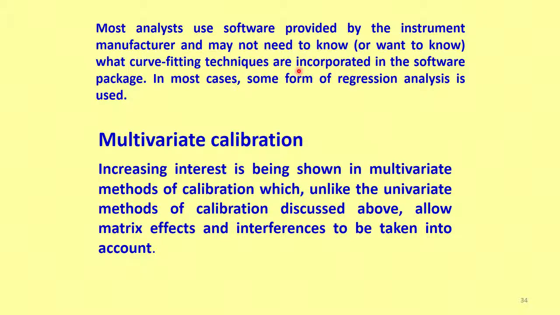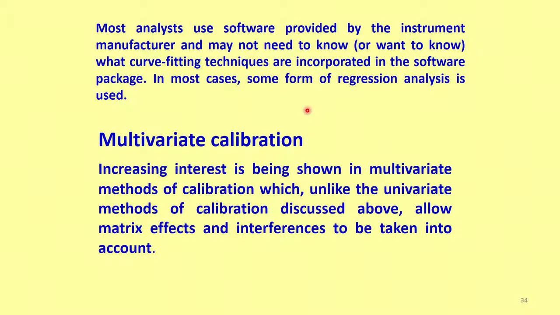Normally, whenever you do the chemical analysis and the data is generated, the computer software asks you, do you want to fit the data into linear curve or quadratic curve or polynomial. So, you can choose, apply all the three and see which one looks better, the calibration curve, which one looks more linear. So, that is possible, and it is also important that some sort of regression analysis is used.